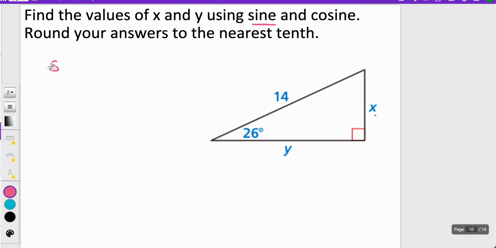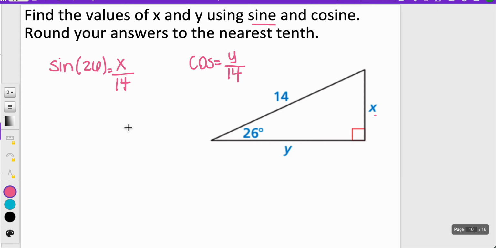So I will be able to then think about how that's going to work for me. X is across from 26, so I'm going to use my sine of 26 to do opposite, which is x, over 14 hypotenuse, okay? When I find the cosine of that, cosine is adjacent, which is y, over hypotenuse, okay?